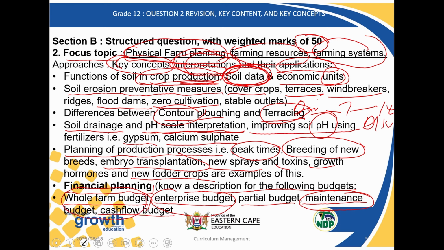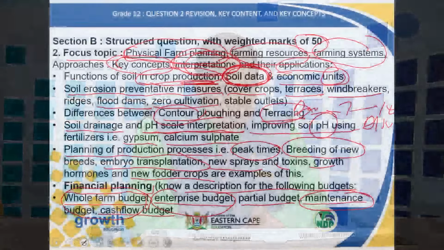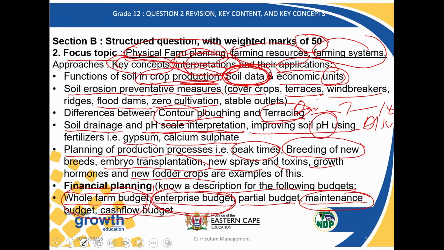But when we talk about the enterprise budget, say, for example, in this particular farm, you have broiler production, you have layers, you have cabbage production, you have broccoli production. So those are different production enterprises. Each one of those will have what? The enterprise budget, different enterprise budgets on that one farm.